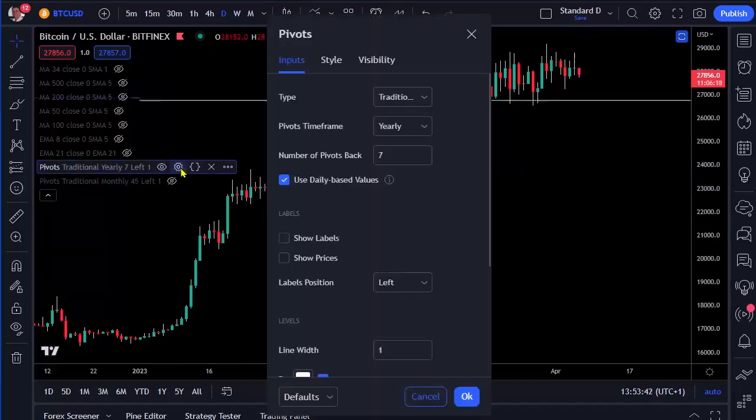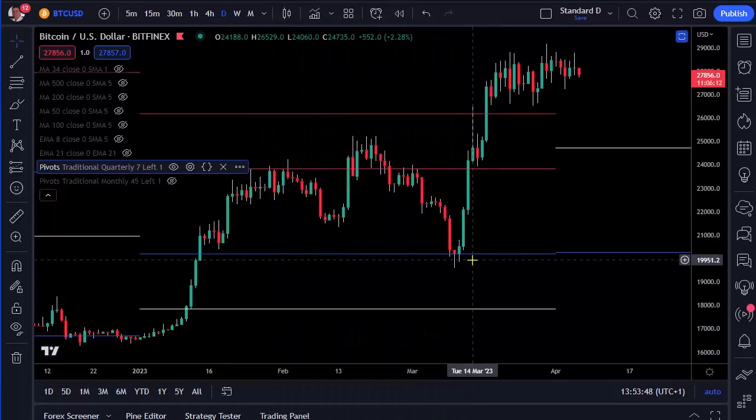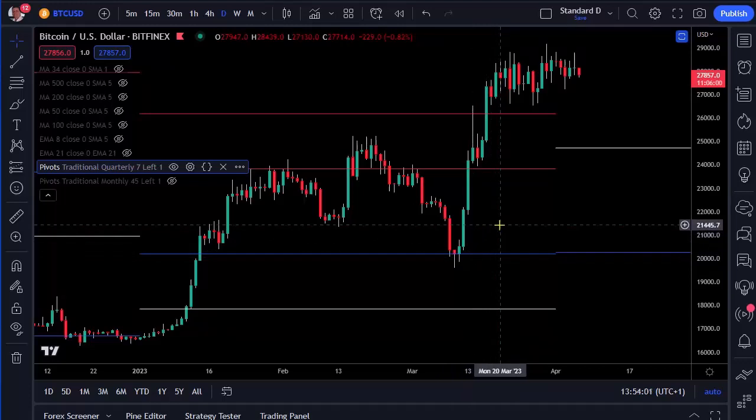I'm going to just change the time frame to a quarterly because this is how I look at it in different bases. Now you wouldn't need all of the different levels on at any one go. You could put them on, but you'll have quite a messy chart. You can overlap them. I used to overlap a lot of pivots in the past, but generally you just get a bit confused.